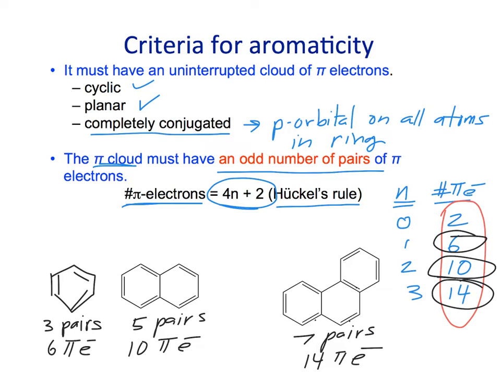It's just kind of an empirical rule that they came up with to fit the data. All the aromatic compounds had either 2, 6, 10, 14, 18 on up numbers of pi electrons. Okay?